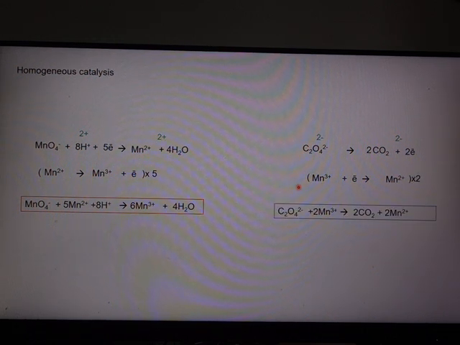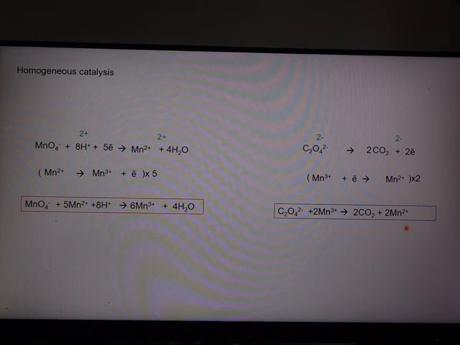And I combine the two. Okay, so here I have MnO4 minus that turns into Mn3 plus. And then your catalyst Mn3 plus turns into Mn2 plus, so it's regenerated. So that's why the catalyst is Mn2 plus and also a product of that chemical reaction.